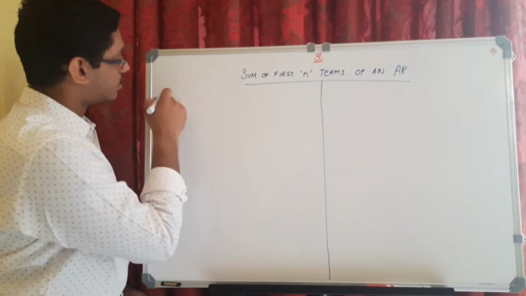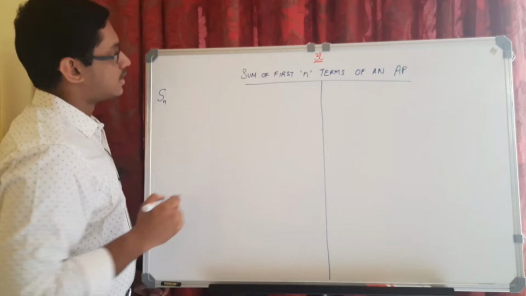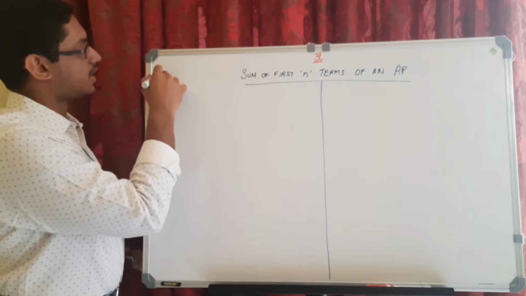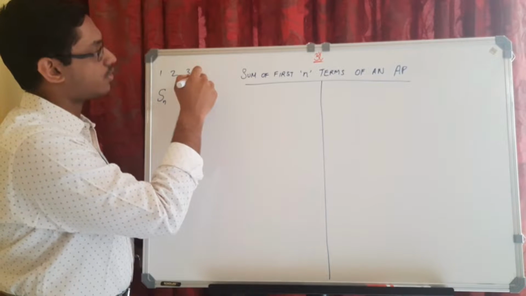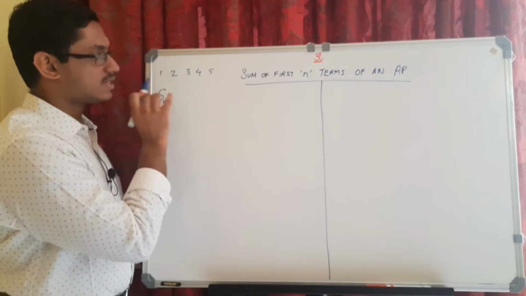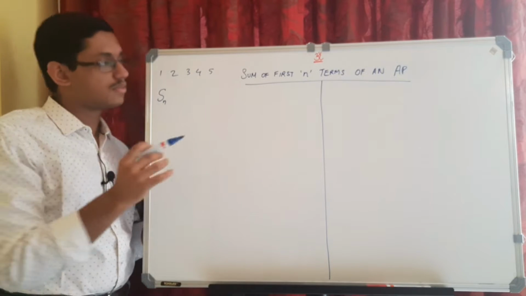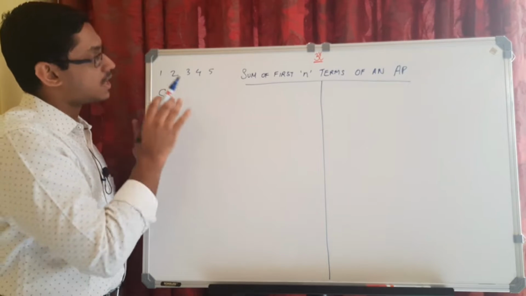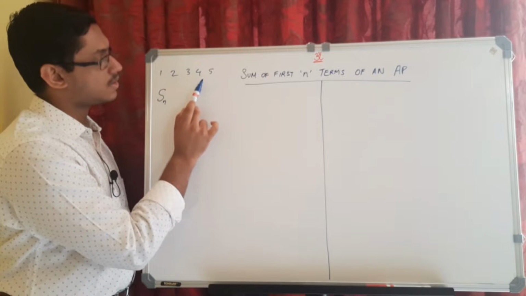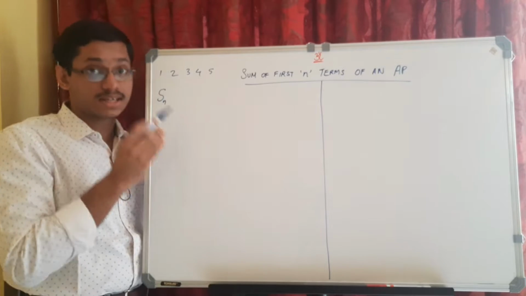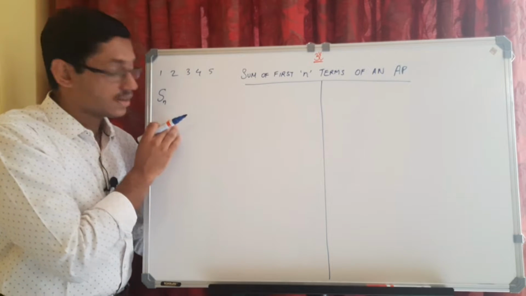Alright, so Sn. Let's see an example like 1, 2, 3, 4, 5. So this is an AP. Here the fifth term is 5. So Sn means the sum of 1 plus 2 plus 3 plus 4 plus 5, means the sum till the nth term.